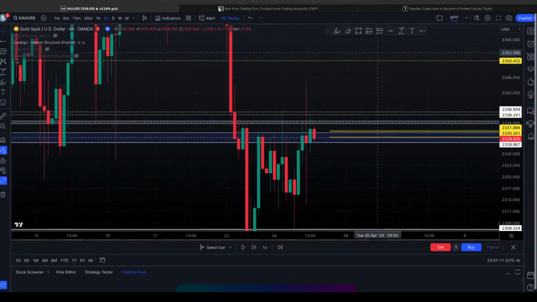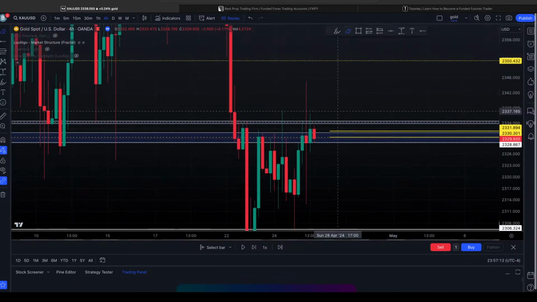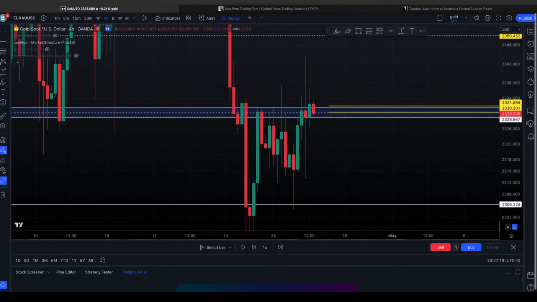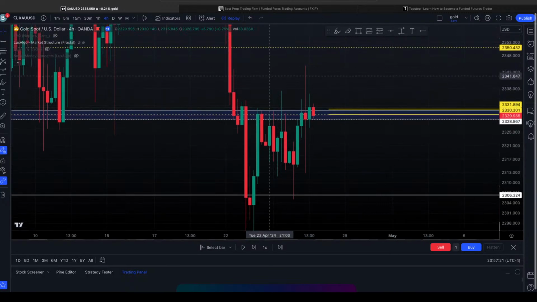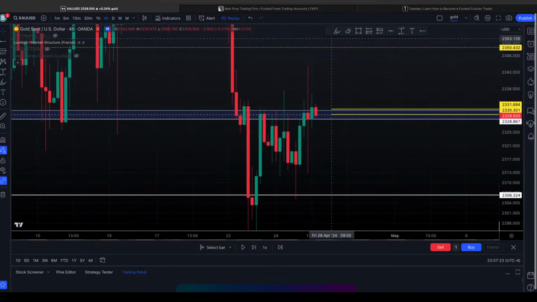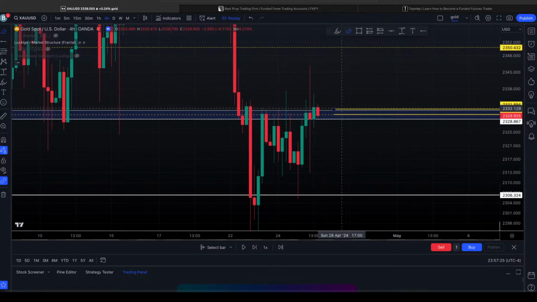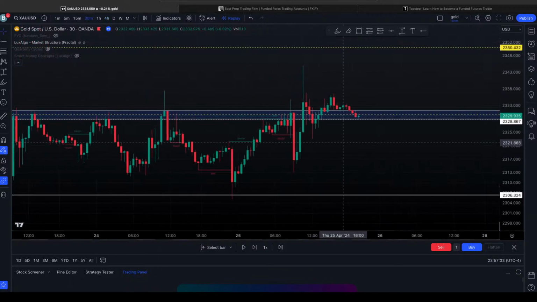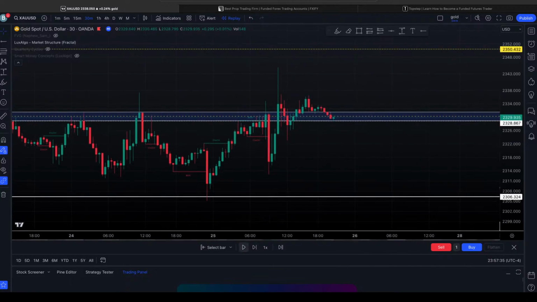We were looking for sells up here on these areas. What I was looking for is these little things right here coming up to these areas.